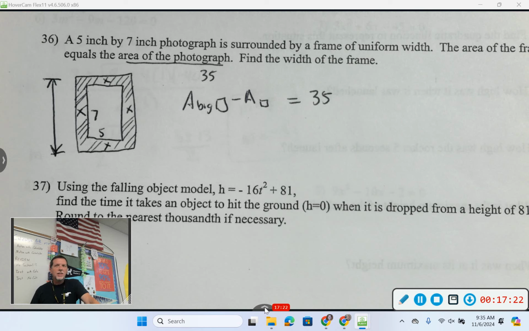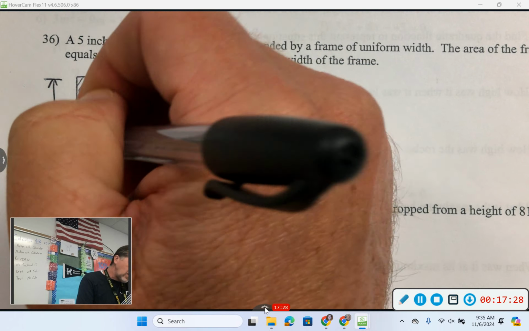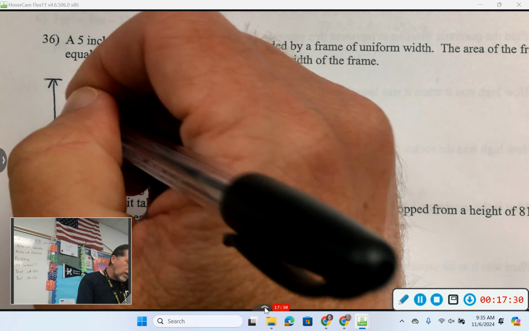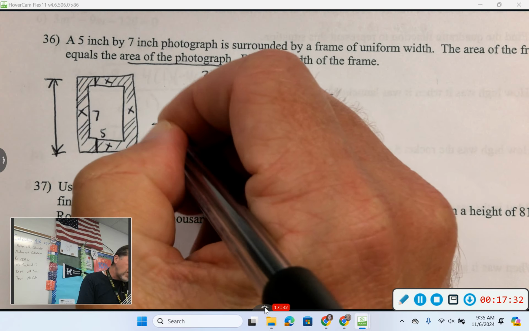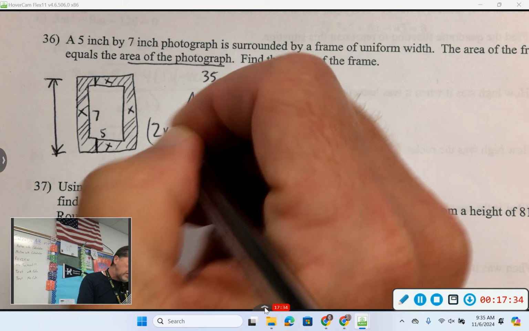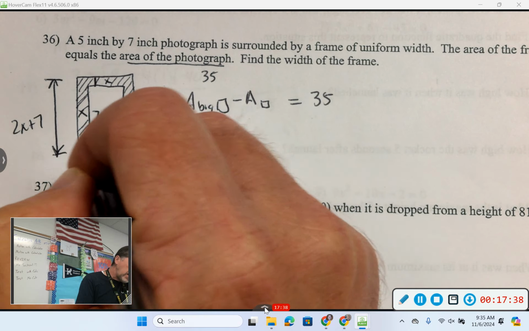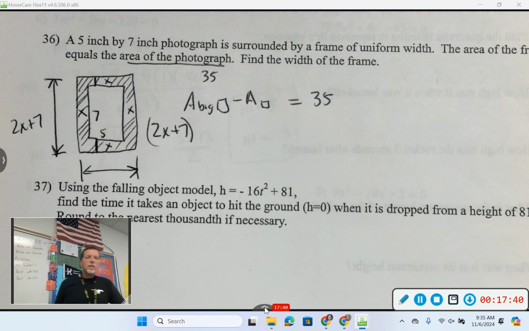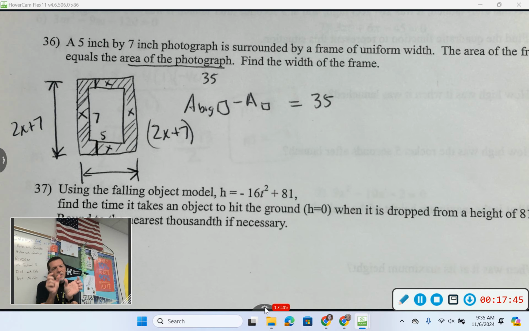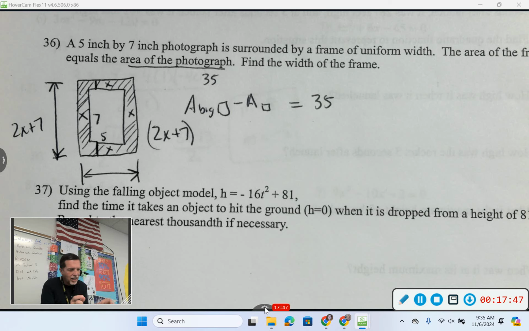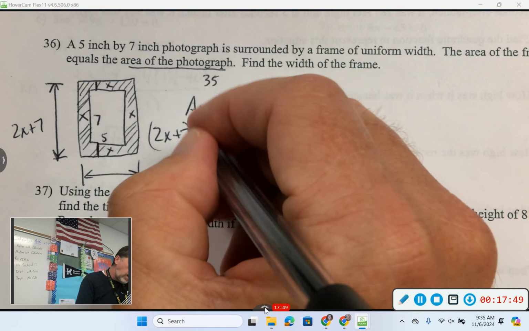We did one kind of like this. So it's got an extra x on each end. So 7 plus 2x or 2x plus 7, either way. And then the same kind of thing for the width. The inside width is 5, but we add a little x on one side and an x on the other side. So 2x plus 5.